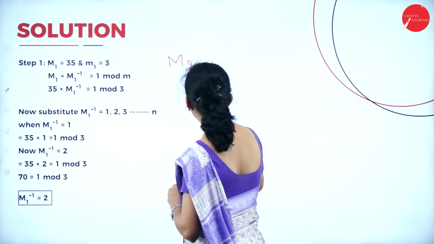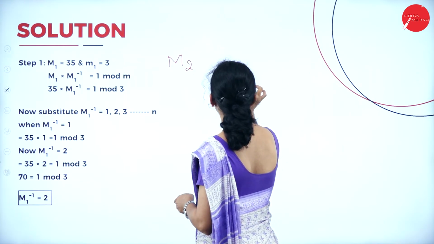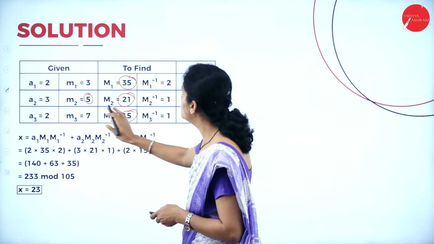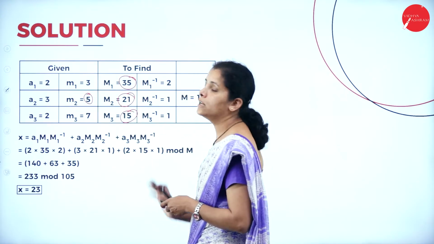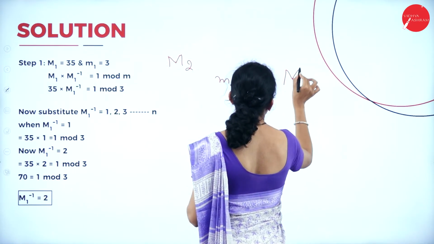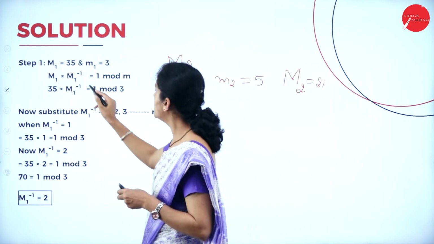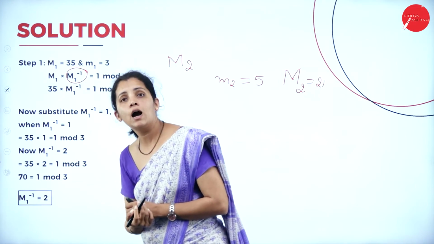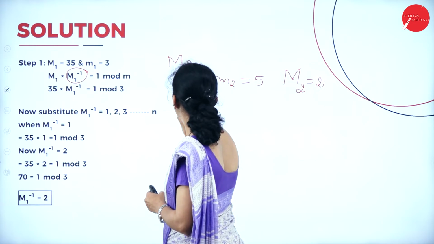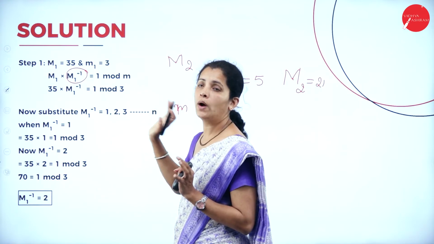For that I know my given small m2 is 5, and my given capital M2 is 21. Now I want to find out M2 inverse. And how am I going to find it? That is nothing but I'm going to start substituting from 1 up to n.